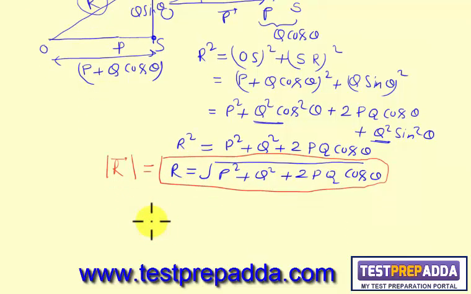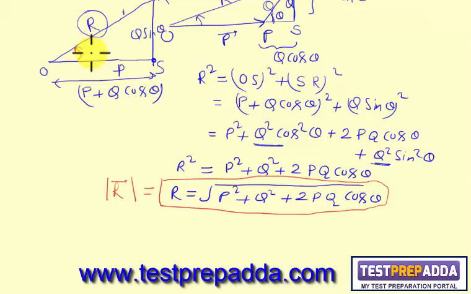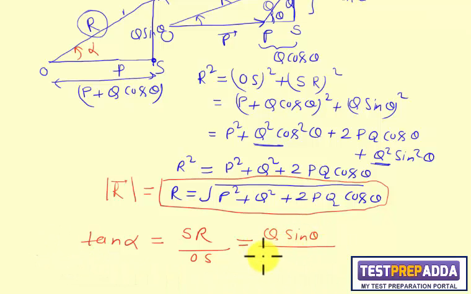Now we will try to find the angle. Angle, you can see it is the alpha. This resultant vector is making angle alpha from the first vector P. tan alpha will be SR upon OS, and that is Q sin theta upon P plus Q cos theta.